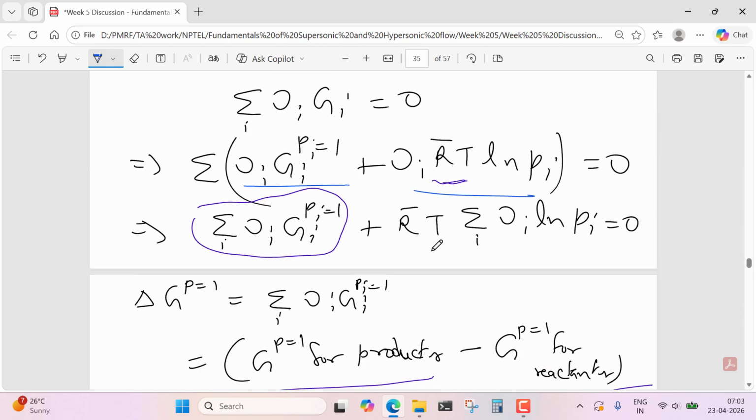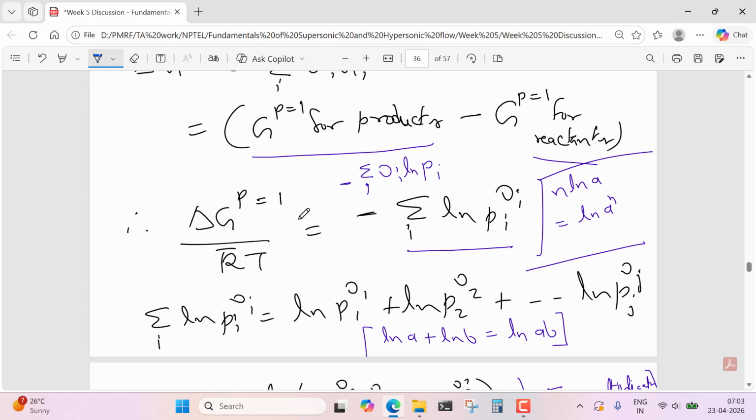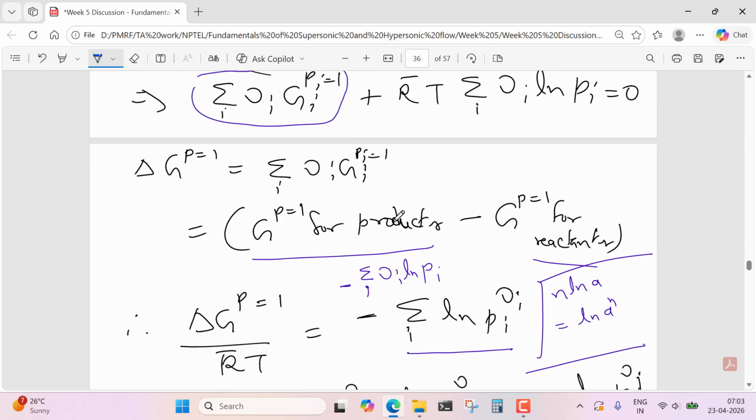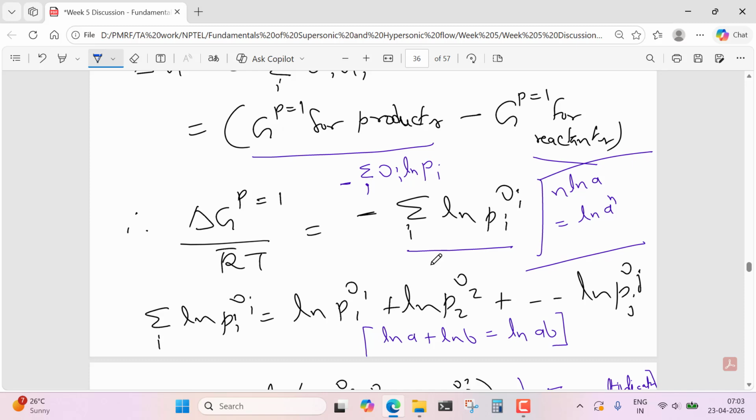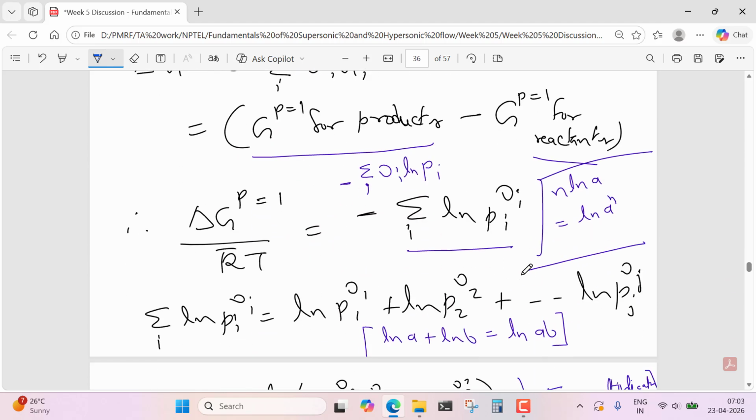Now if we take it to the right hand side, we will get delta G at P equal to 1 upon R bar T equal to minus sigma i log Pi to the power mu i. Here this mu i can go to the power of Pi, so it becomes log Pi to the power mu i.